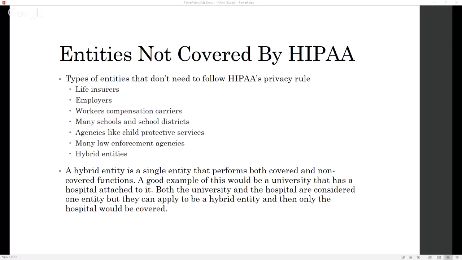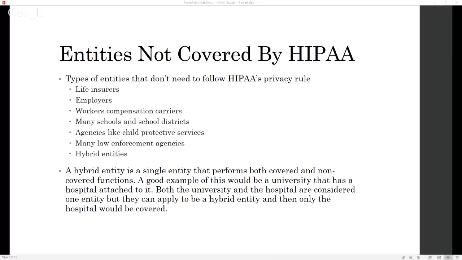A hybrid entity, however, is a little bit different. A good example I found was the University of Utah, which is both a school, but it also has a hospital that is tied to it. Even though it is a single entity, they can apply to be a hybrid entity, where the university would not be covered by HIPAA, but the hospital would.